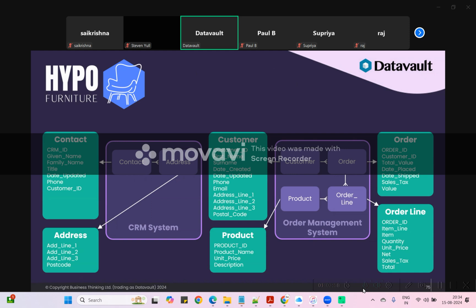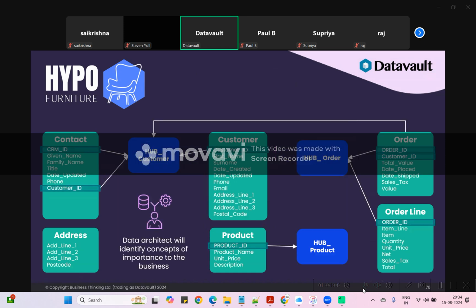So what things are we acting upon to make this process work? And what I'll probably say to you is that we have three concepts: customer, orders, and products. And these concepts tend to become the hubs. So hubs are business concepts. In other words, I can't run a sales process without information about customers, orders, and products.